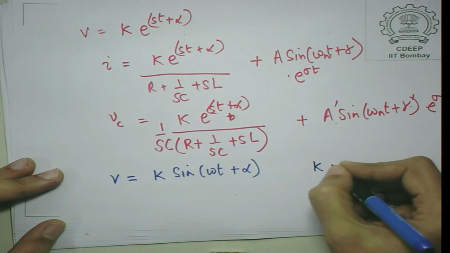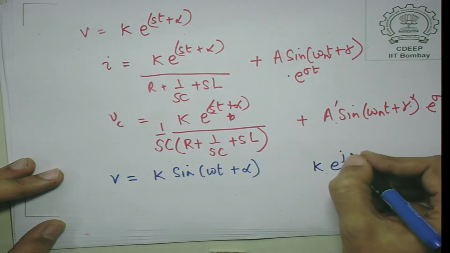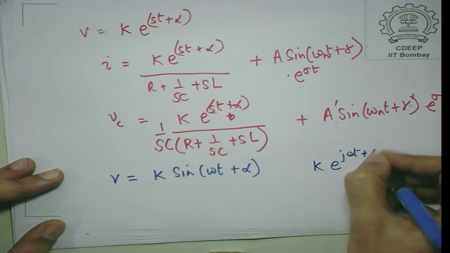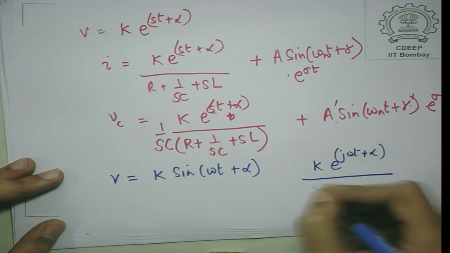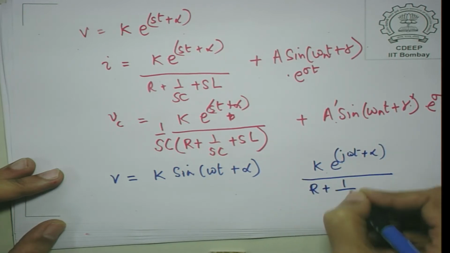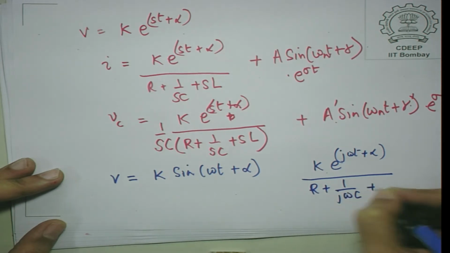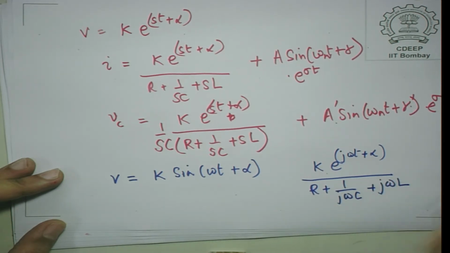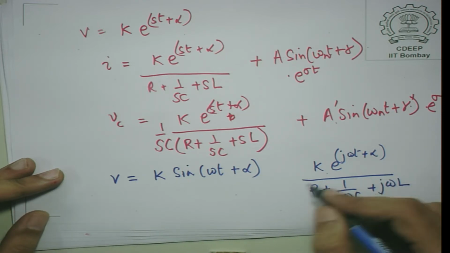It is k e raised to j omega t plus alpha upon r plus 1 upon j omega c plus j omega L. So, what you will get is, one thing is the scaling factor and a phase shift, because this is a complex number.